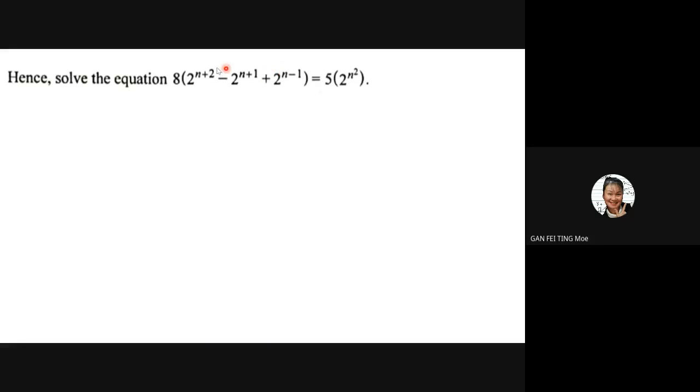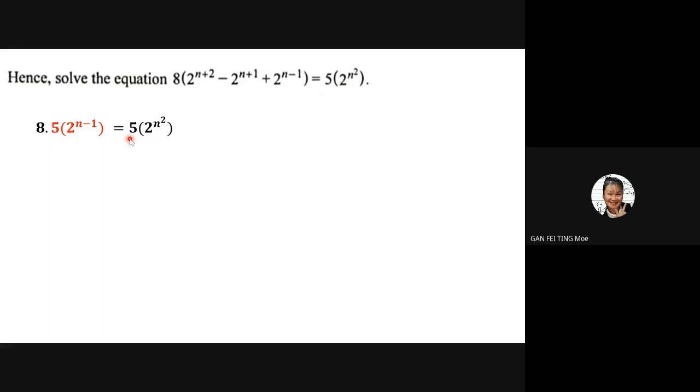So we are going to replace this expression with what we have earlier, the red color from the first part: 5 multiplied with 2 to the power of n minus 1 multiplied with 8 equals 5 times 2 to the power of n squared.